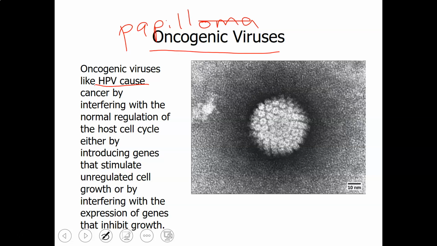Males cannot develop cervical cancer because males don't have a cervix, but a male can give a female HPV. So the vaccine for HPV is recommended for children of both sexes at age 11, and it's a two-cycle vaccine. You get one vaccine and then you come back, I think, in 6 months and you get the second cycle of it.